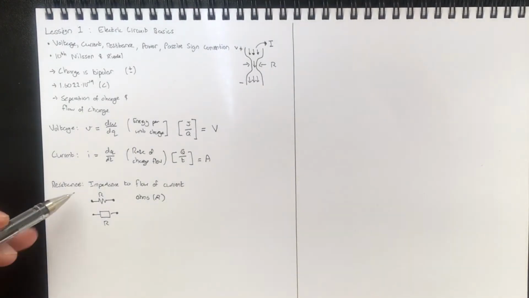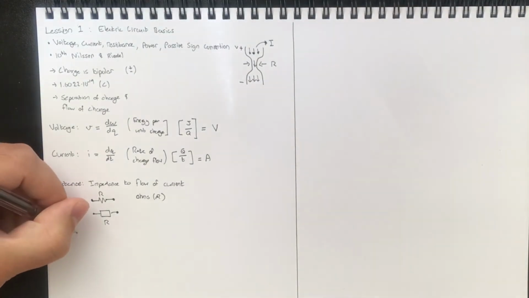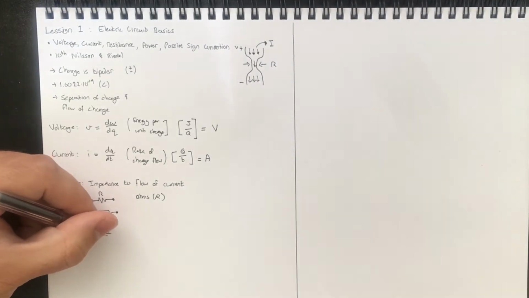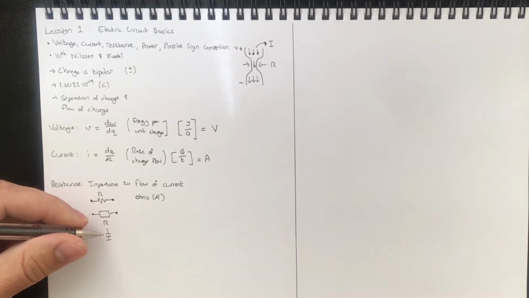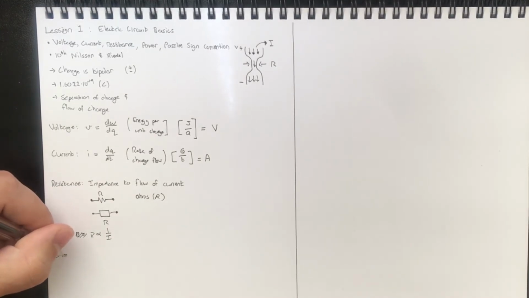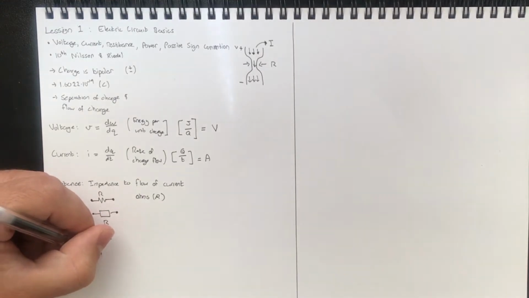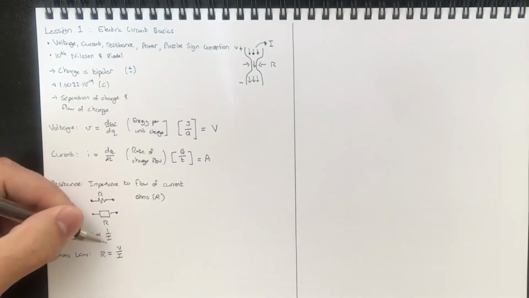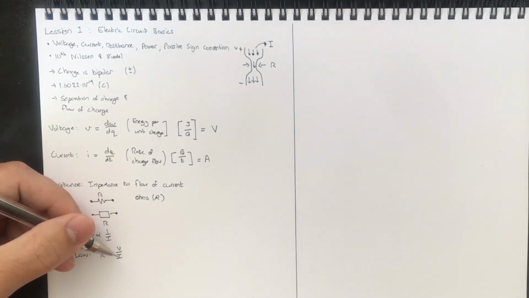Now, since we've said that this resistance is the impedance to flow of current, we can denote this relationship, that R is inversely proportional to I. And what comes out of this is Ohm's law, where our resistance value is equal to the voltage over a certain element divided by the current going through that certain element.